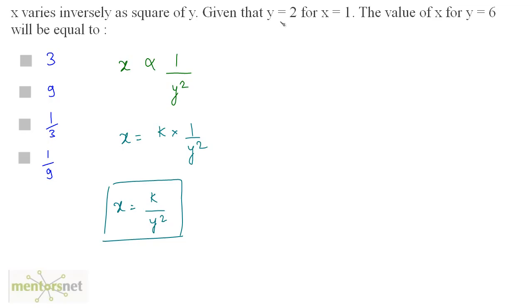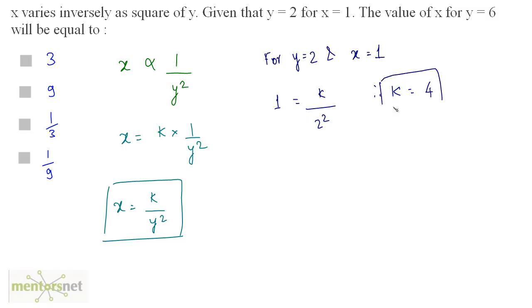So when we put the value of y as 2 and x as 1 in this equation, we can get the value of k. For y equal to 2 and x equal to 1, we have 1 is equal to k by y square, so 2 square. Therefore k is equal to 4.